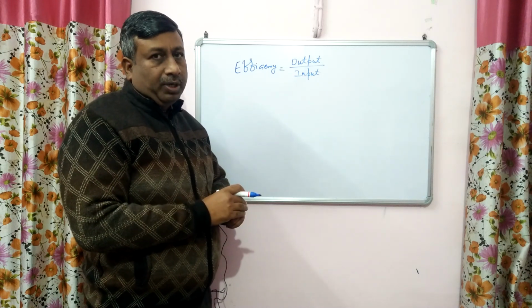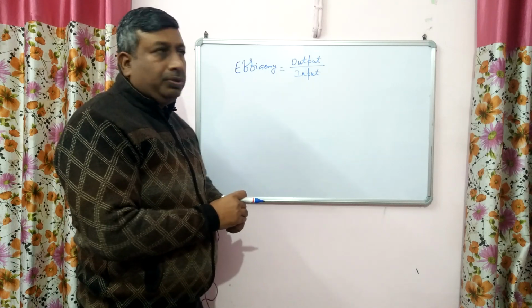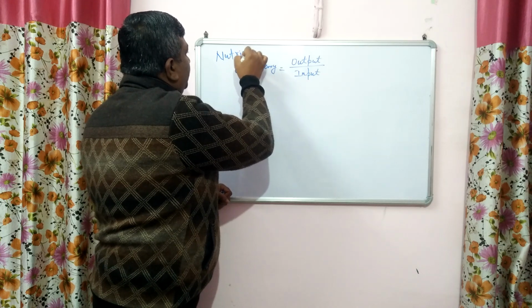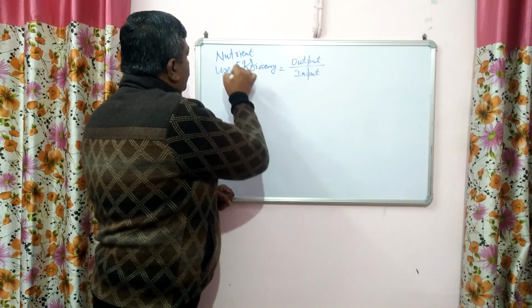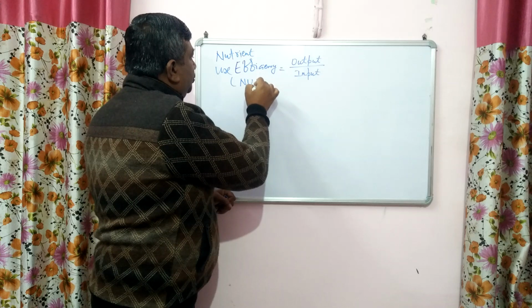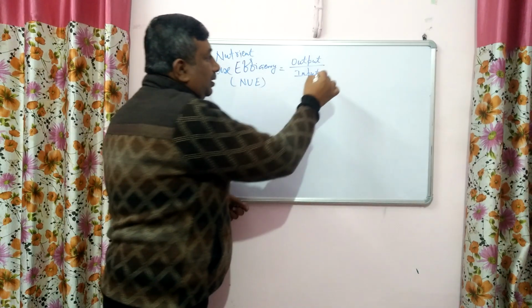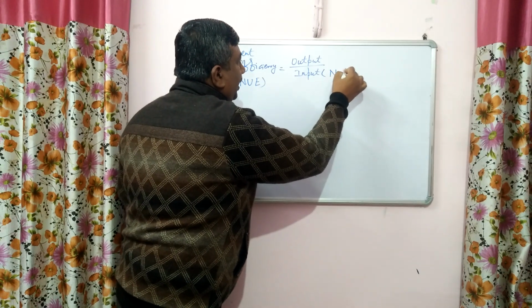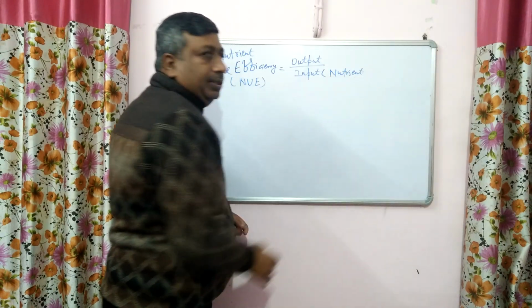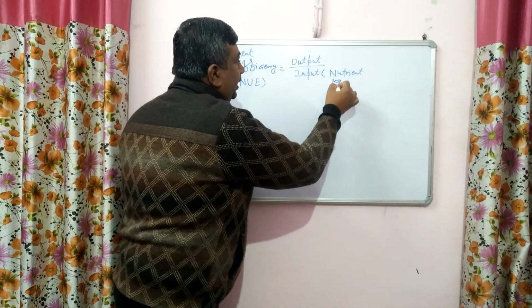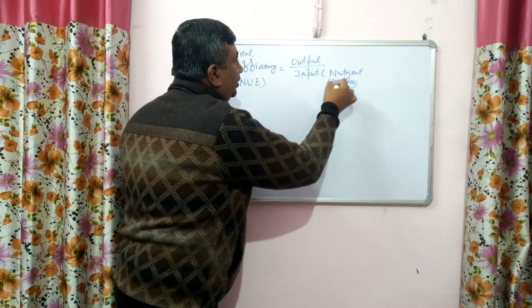This is a general formula. But when we talk about nutrient use efficiency, abbreviated as NUE, the input is the nutrient applied. How much nutrient is applied in unit area? Generally we apply nutrient in kg per hectare, so this is the general unit.